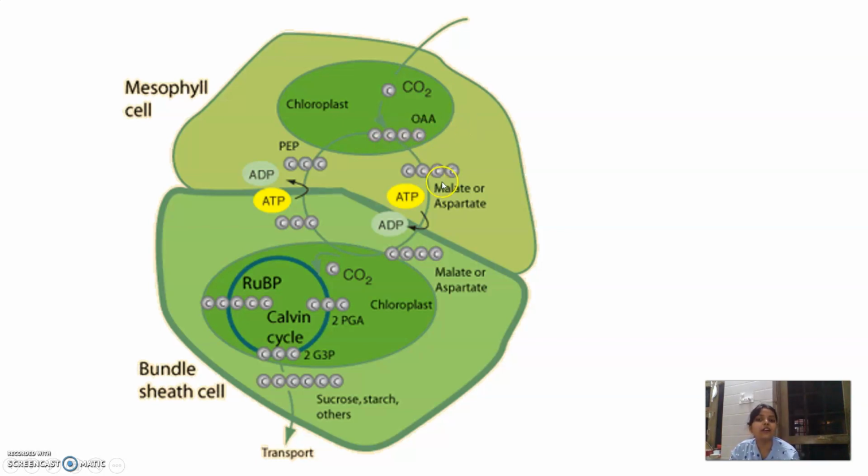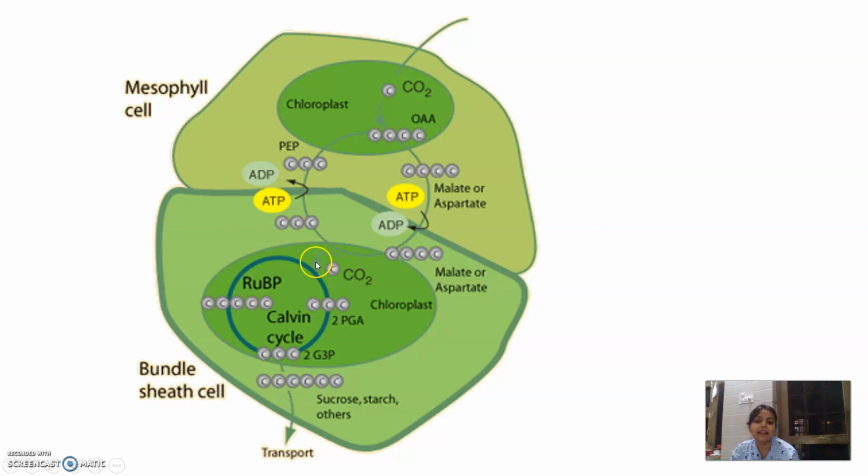It immediately converts into malate or aspartate, which is transported to the bundle sheath cell by the plasmodesmata connections. Here, ATP is used during the transport. After this, the C4 acid, malic or aspartic acid, undergoes decarboxylation. Here the final fixation of the carbon dioxide occurs.